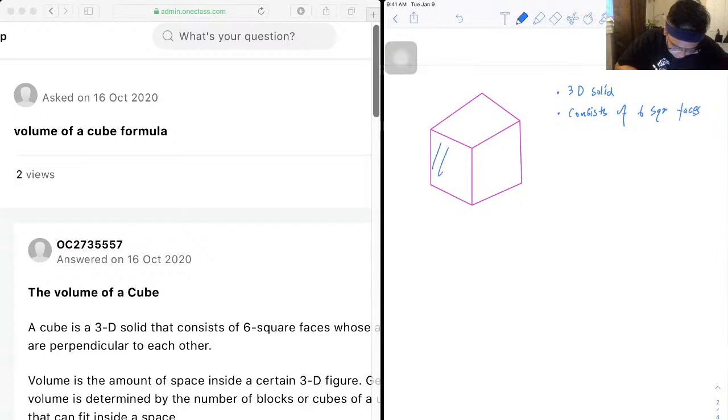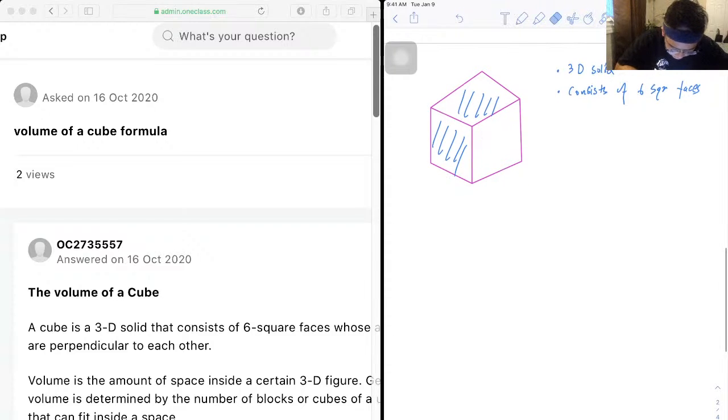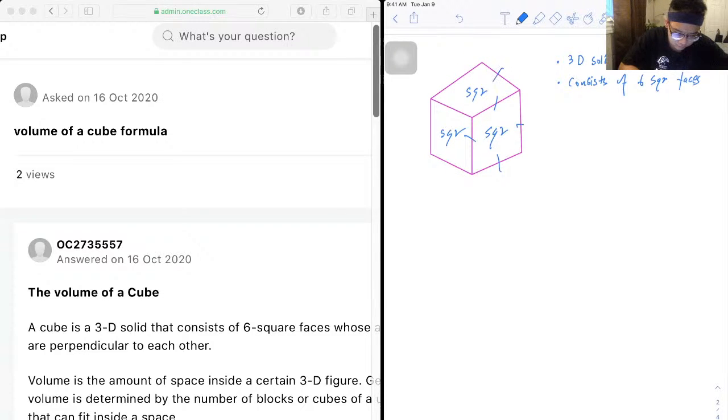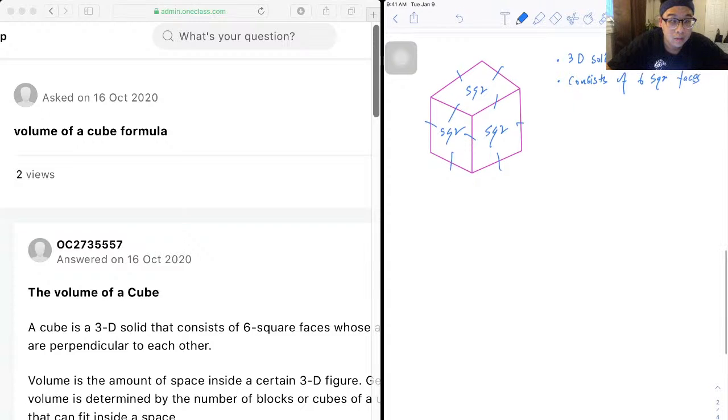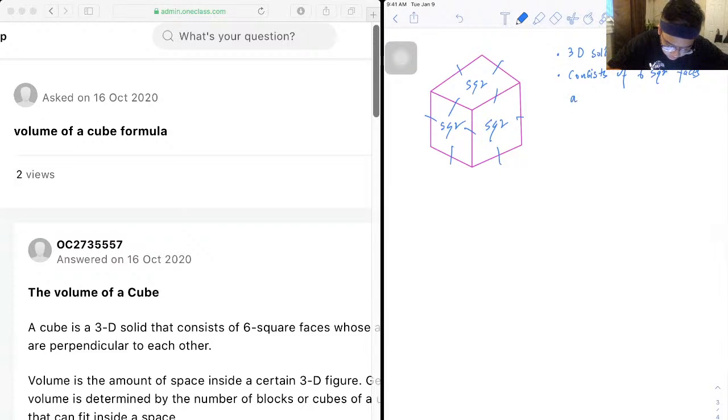So all the faces are square, square, square, which means all sides are equal. And adjacent faces are perpendicular to each other.